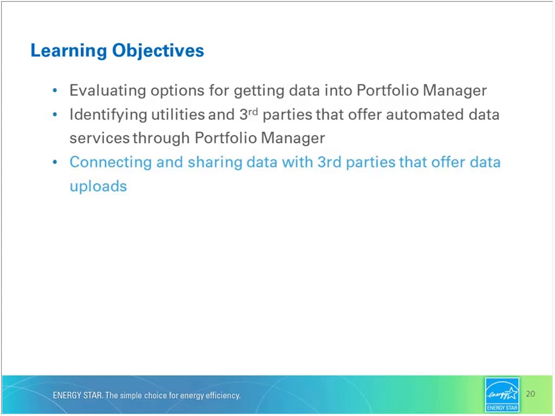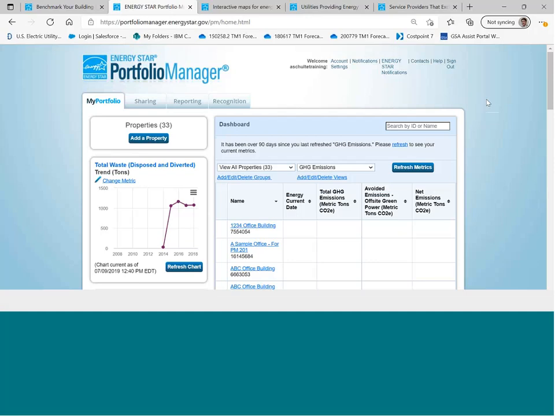All right, let's go back live to Portfolio Manager, and we're going to talk about connection and sharing. Now, this may be familiar to those of you who have already attended any of the Portfolio Manager intro trainings, 101, 201, 301. As you probably know, connection and sharing is the process by which any Portfolio Manager user can allow another Portfolio Manager user to view, or even edit, property data.